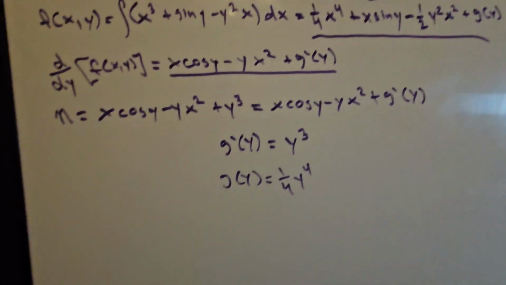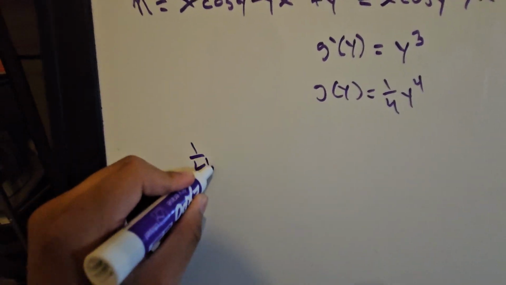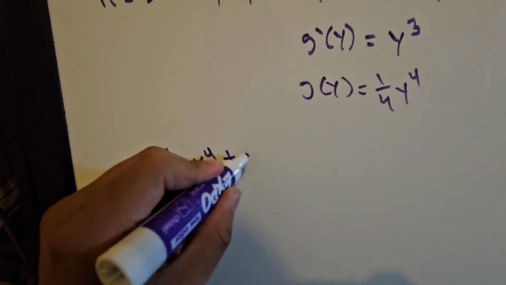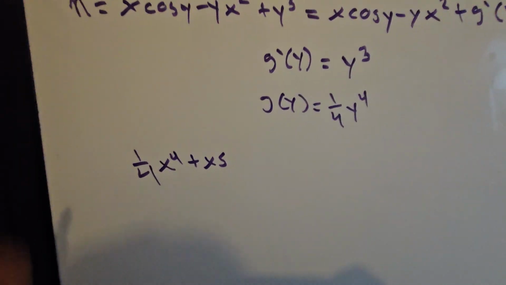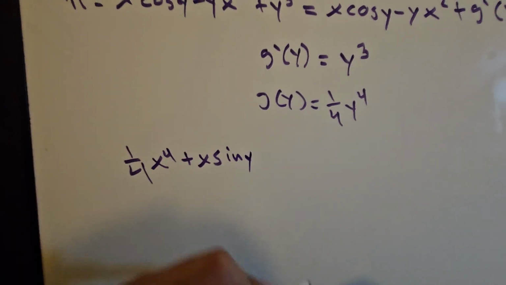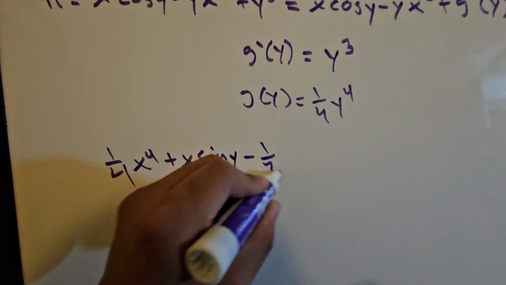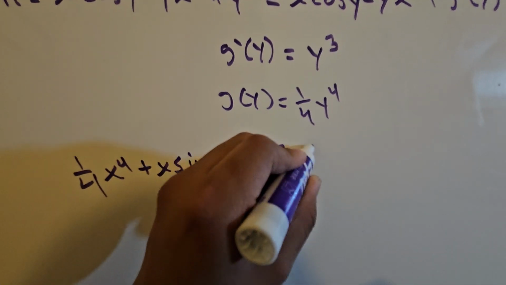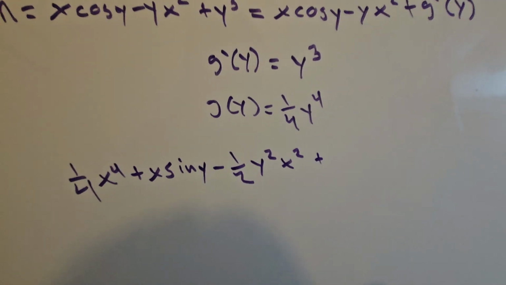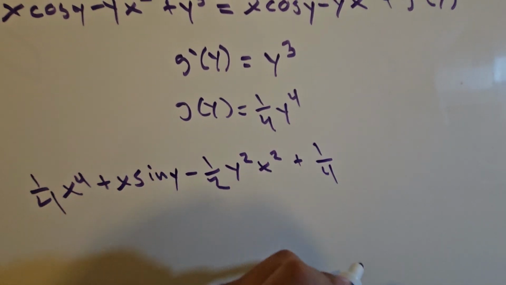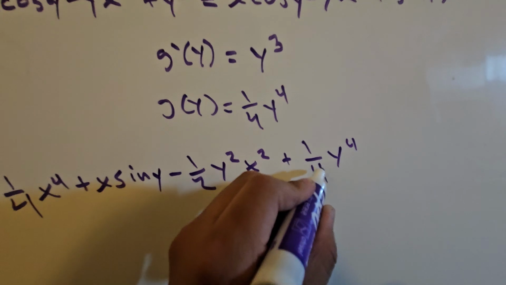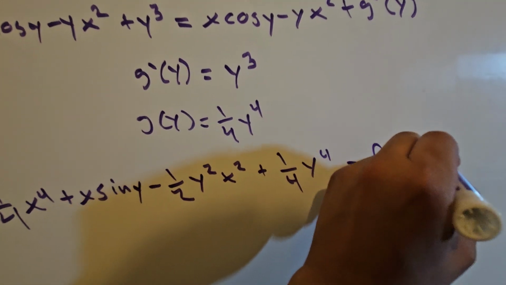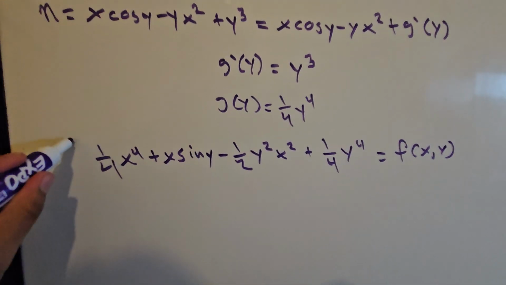So that's 1 over 4 x to the 4th plus x sine y minus 1/2 y squared x squared plus 1 over 4 y to the 4th. And that is your potential function of x and y.